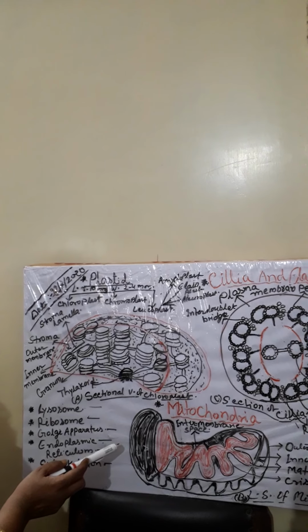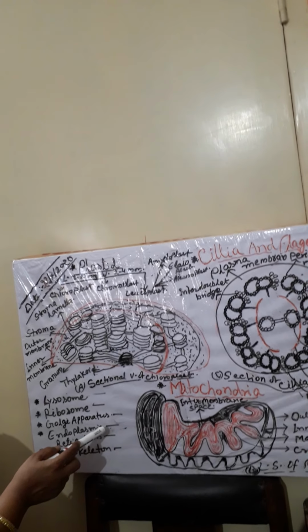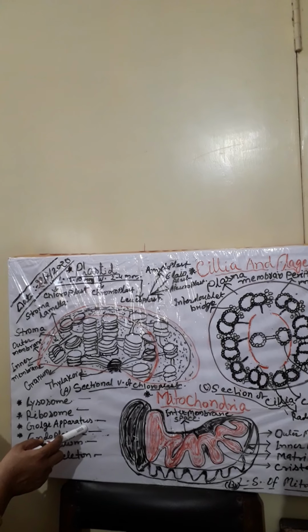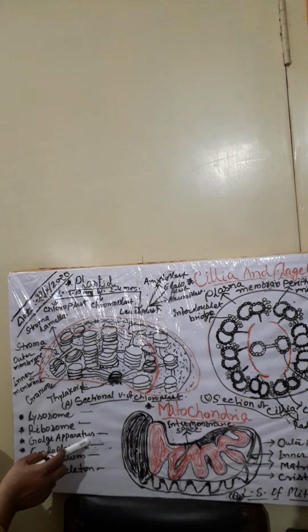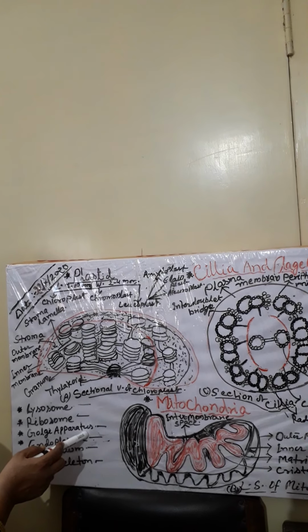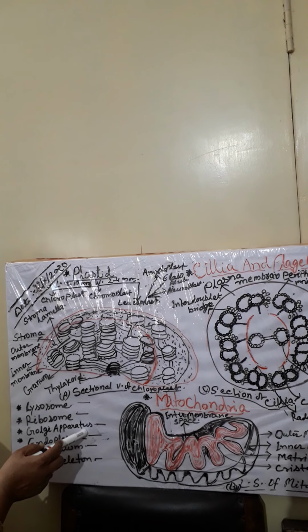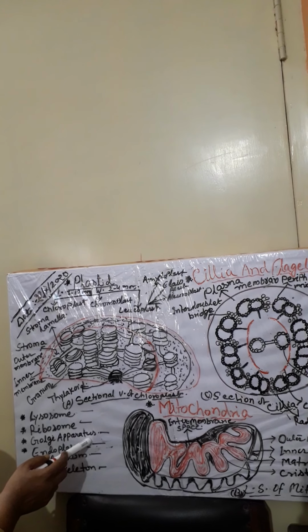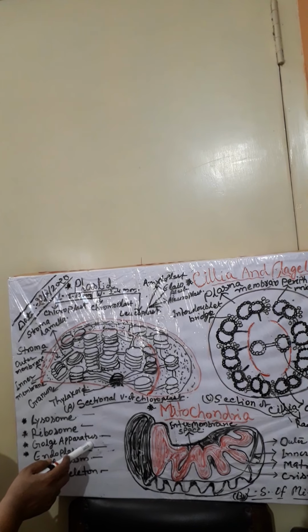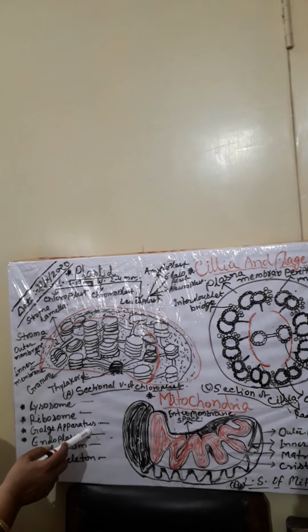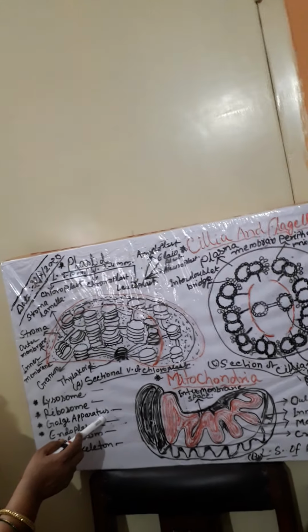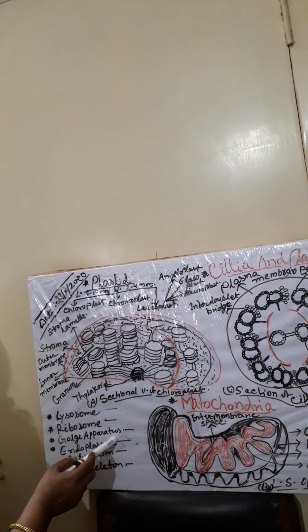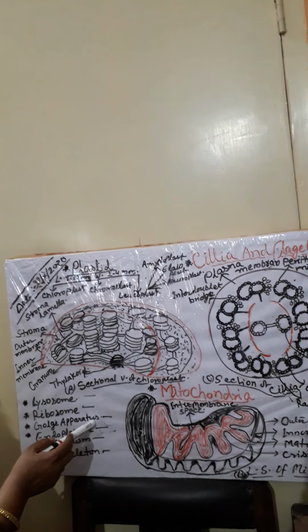Various numbers of cisternae are present in the Golgi complex. The Golgi cisternae are concentrically arranged near the nucleus with a distinct convex cis or forming face, and a concave trans or maturing face.